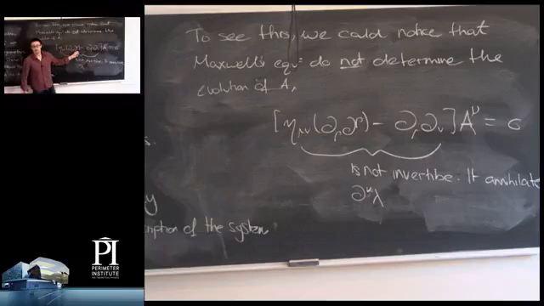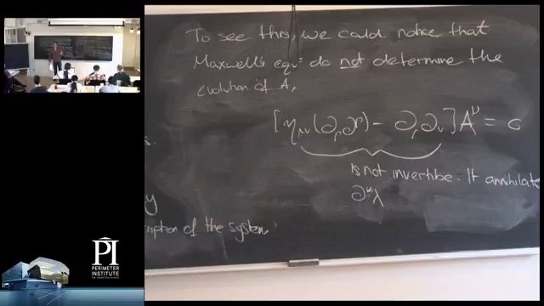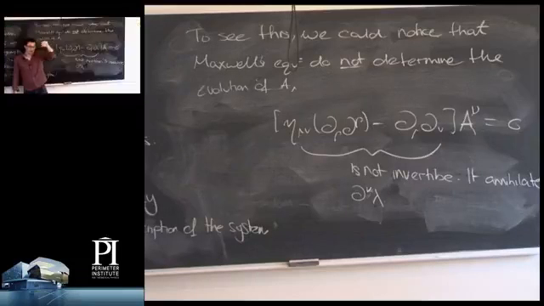What does that mean? It means we've got no way of uniquely figuring out what A is doing. We've got no way of knowing if a given A at some initial time evolves to a particular A at a later time, or to that A plus something of this form, because this operator just doesn't distinguish between those two cases.